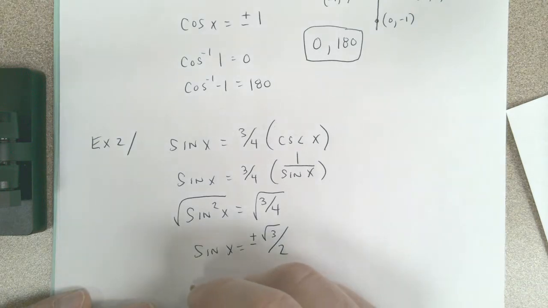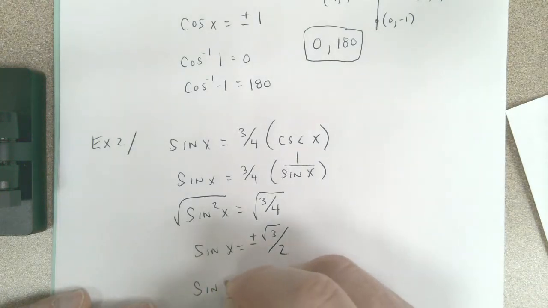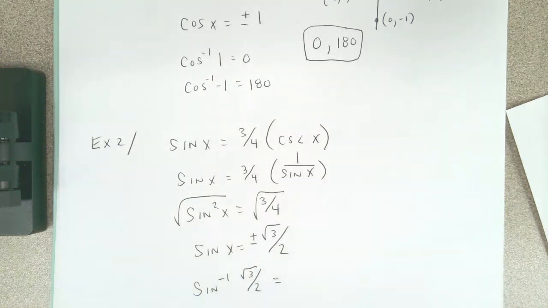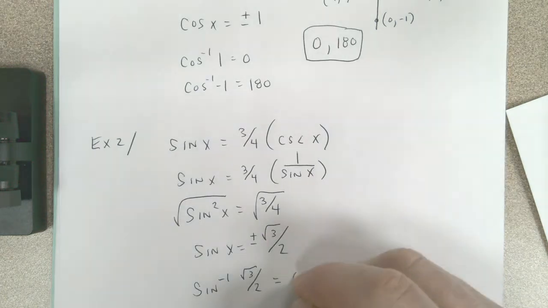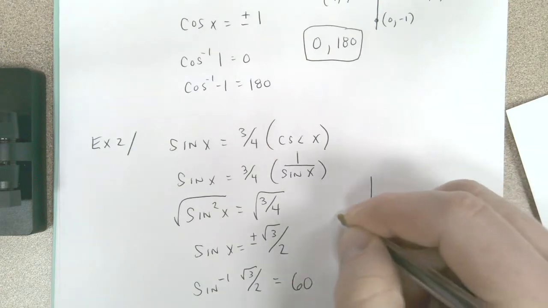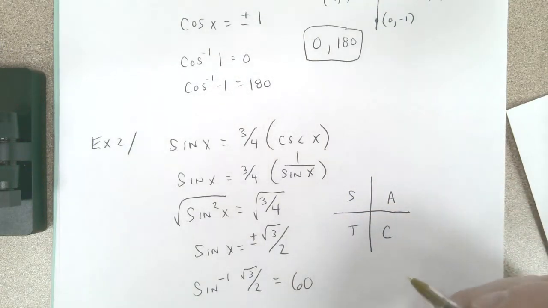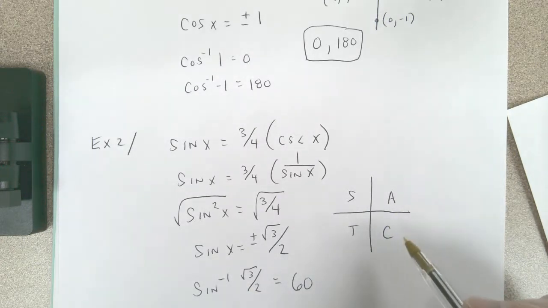So if I then do the inverse sine of radical 3 over 2, it's going to give me 60. And if I think about all students think college, in this case we're saying that sine is both positive and negative.